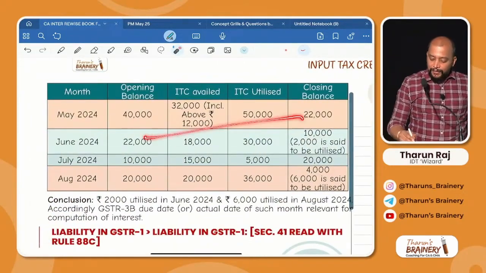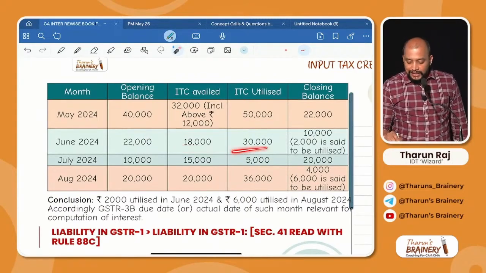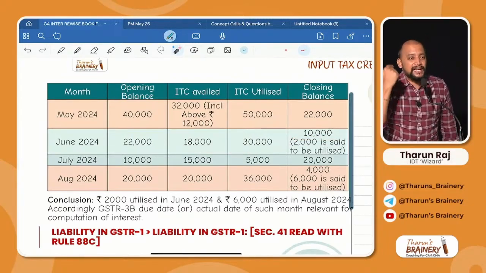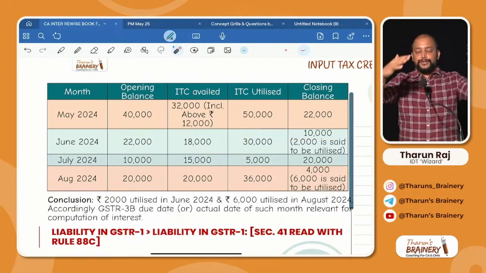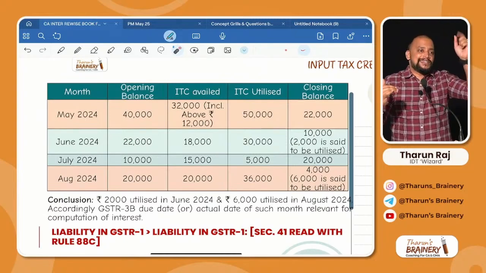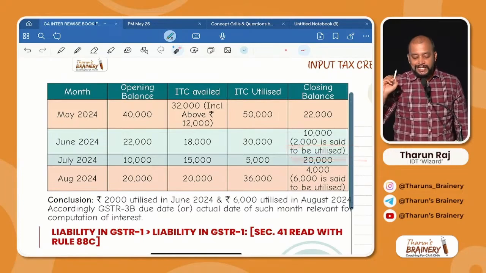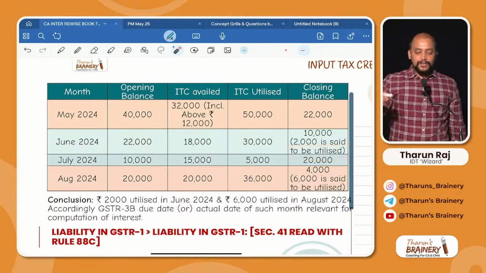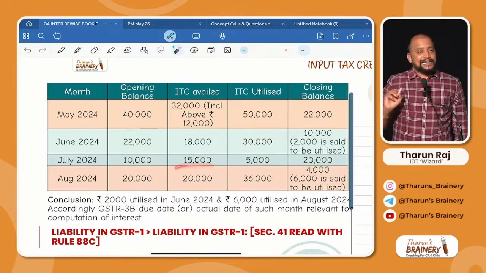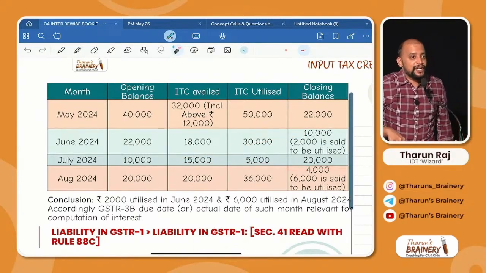June opening balance 22 plus ITC availed 18, ITC utilized 30, closing balance 10. Means how much have we utilized? 2,000. So the balance in ITC falls below the availed ITC, by 2,000, which means 2,000 we have utilized in the month of June. Again, July: opening balance 10,000, ITC availed 15,000, ITC utilized 5,000, closing balance 20,000.